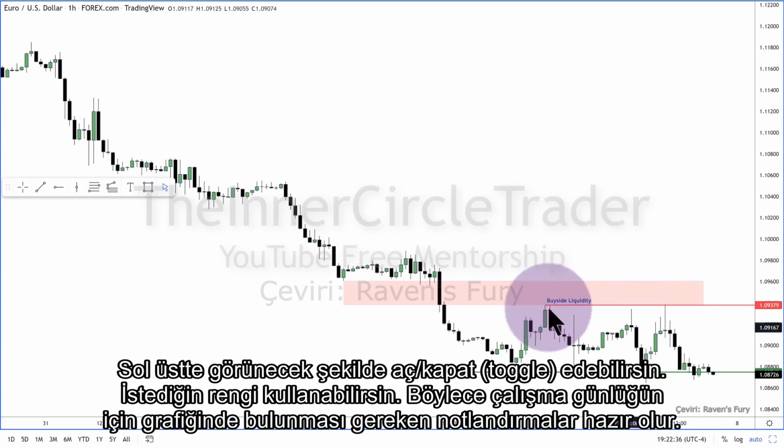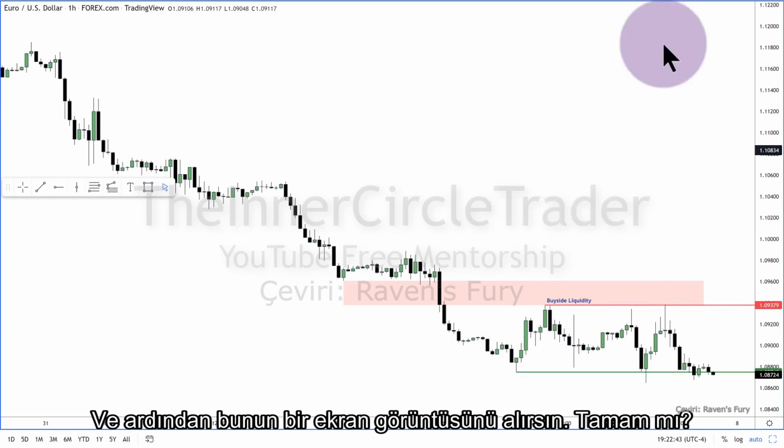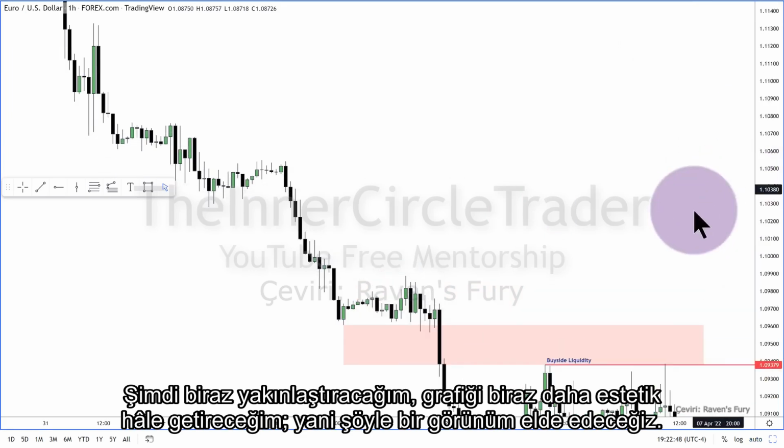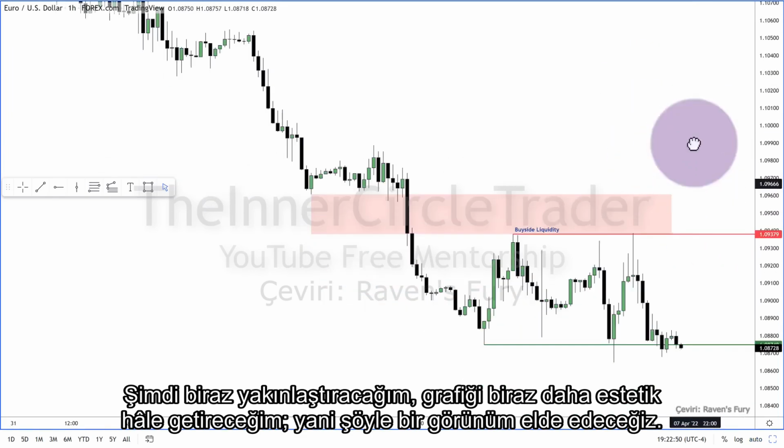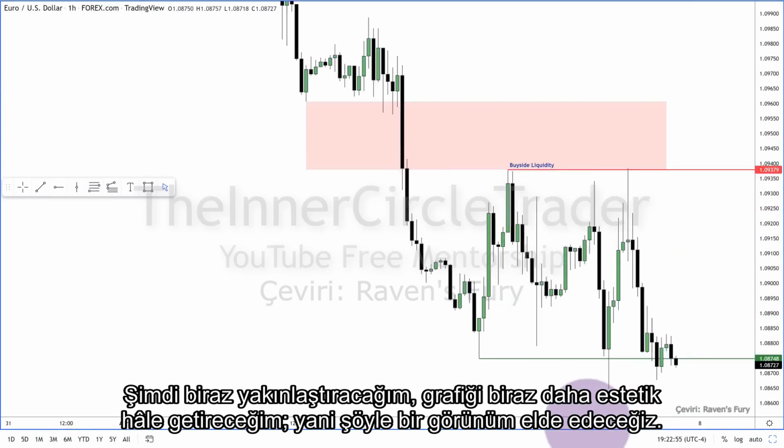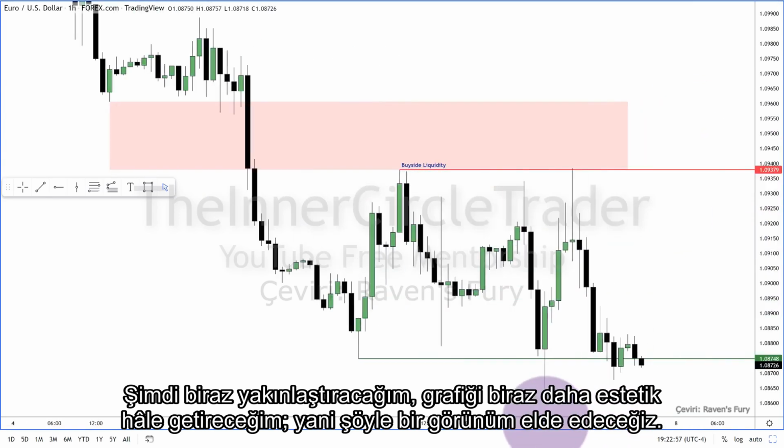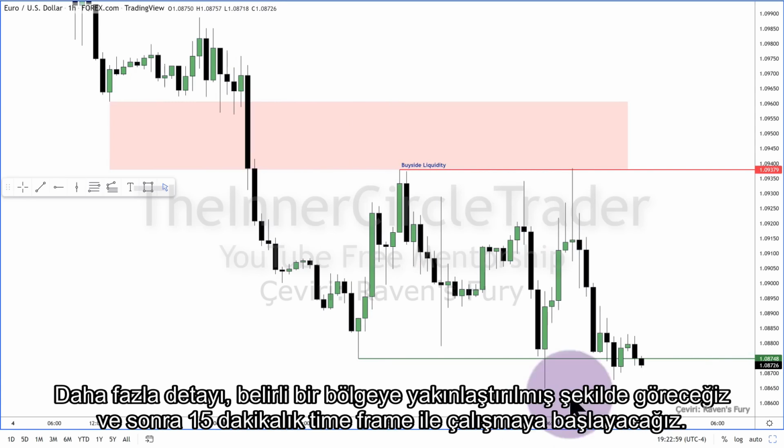So we had the annotations that would be on your chart for logging purposes for your study journal. And then you would just screenshot this. Okay, you might want to zoom in a little bit, make the chart a little bit more aesthetically pleasing, having something like that, more information zoomed in to a specific area.